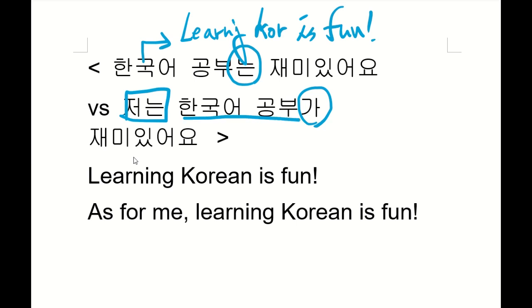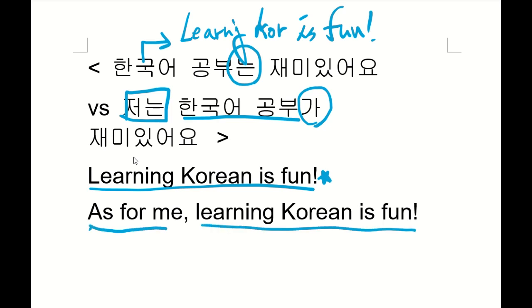We use 가 instead of 는 here because it's translated as, as for me, learning Korean is fun. So first one is a general fact for most people. But the second one is as for me. Specifically for me, probably not for someone else. I don't know if it is true for other people, but as for me, learning Korean is fun. Okay.